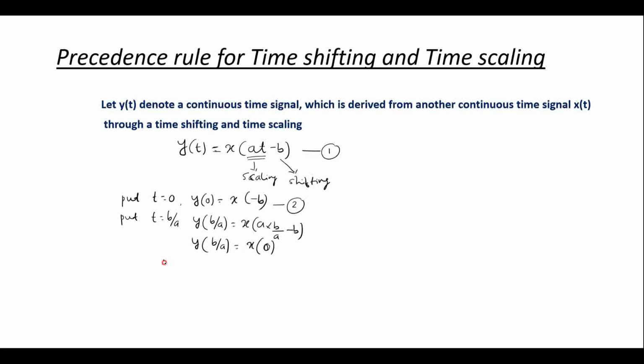So therefore I can write x of 0 is equal to y of b by a. We'll call it equation number 3.